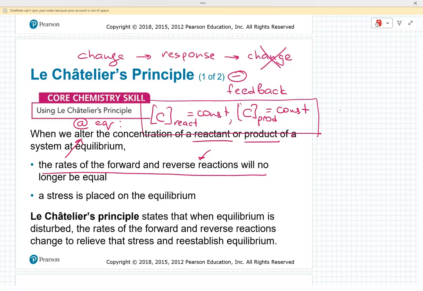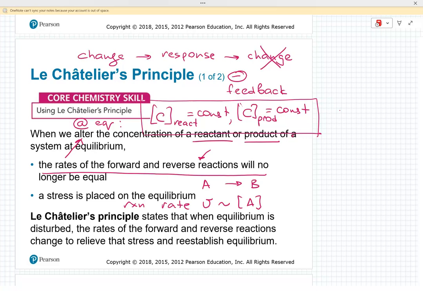So if you have a reaction, let's say A into B, the reaction rate, let's call it V, is proportional to the concentration of A. Does that make sense? So, the greater the concentration, the greater the rate.